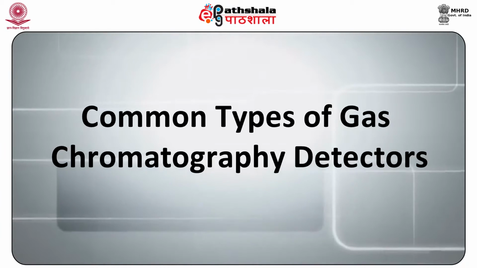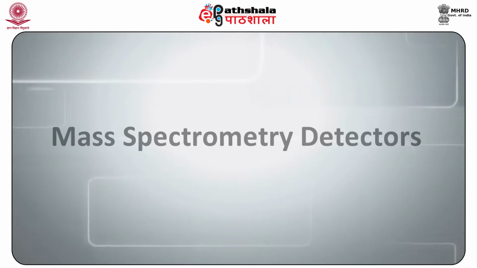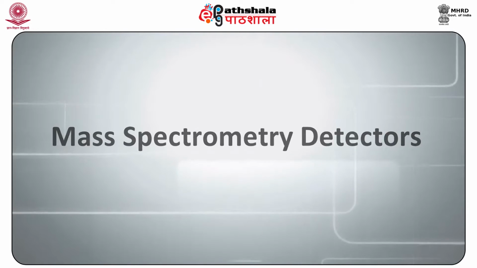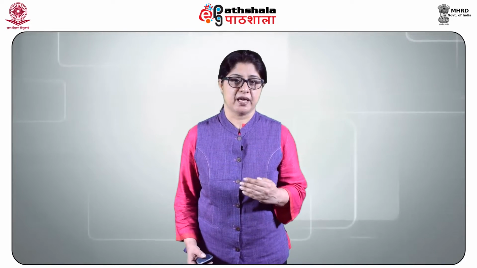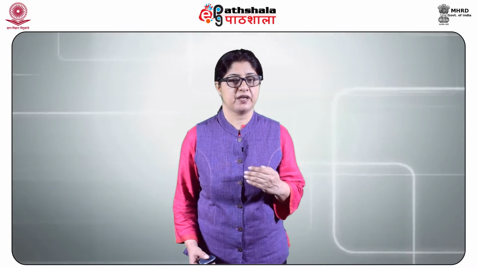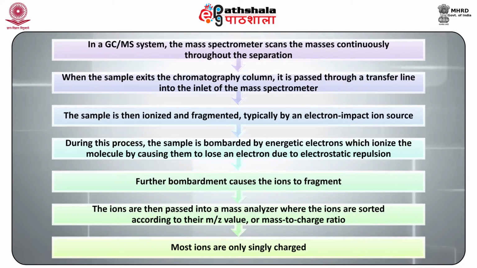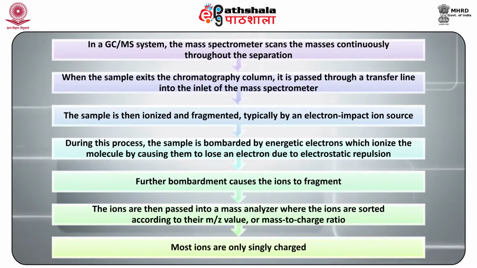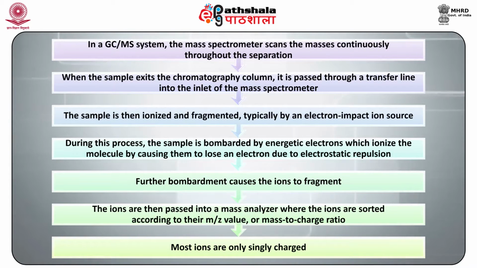Common type of gas chromatography detectors. Mass spectrometry detectors. Mass spectrometer (MS) detectors are most powerful of all gas chromatography detectors. In GC-MS system, the mass spectrometer scans the masses continuously throughout the separation. When sample exits the chromatography column, it is passed through a transfer line into the inlet of the mass spectrometer.